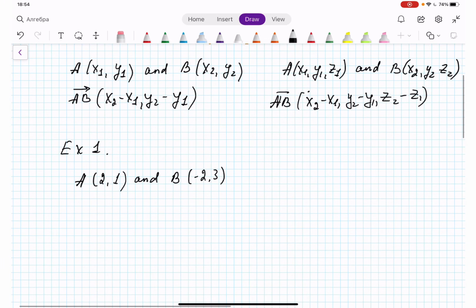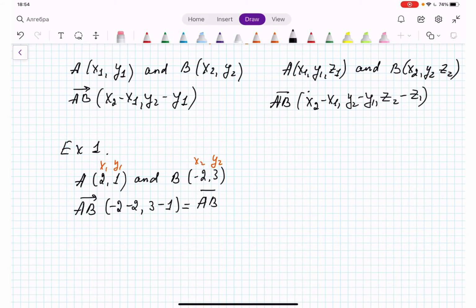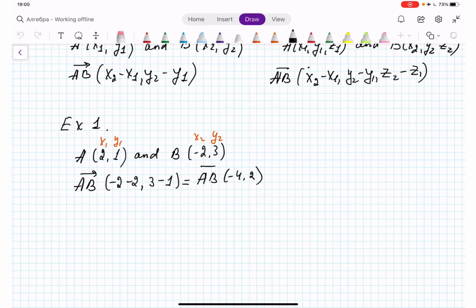Then to find the vector AB coordinates, we do -2 minus 2, because this is x1, y1, and this is x2, y2, and we need x2 minus x1, y2 minus y1. So -2 minus 2 and 3 minus 1, which gives vector AB equal to -4 and 2.